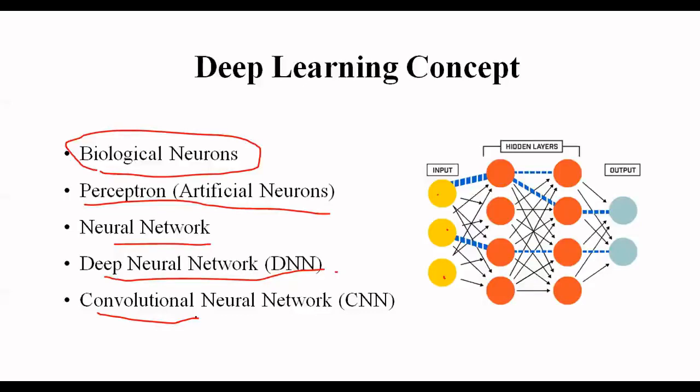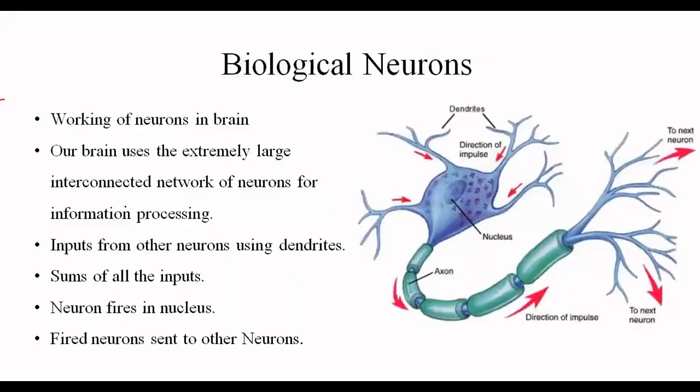So basically, our biological neuron, the smallest part of our brain, looks like this. It has a cell body, and the cell body has a nucleus. And this is a particular biological neuron with other neurons. As I told you, we have 10 raised to 12 billion neurons, which are connected with each other.